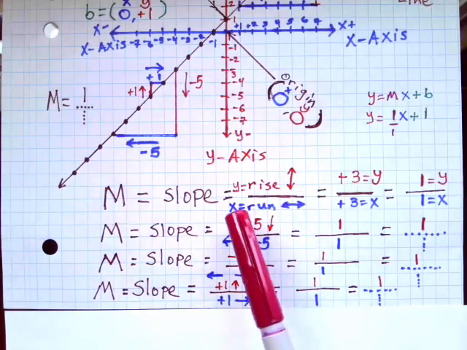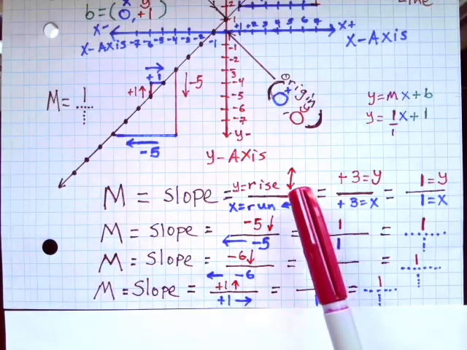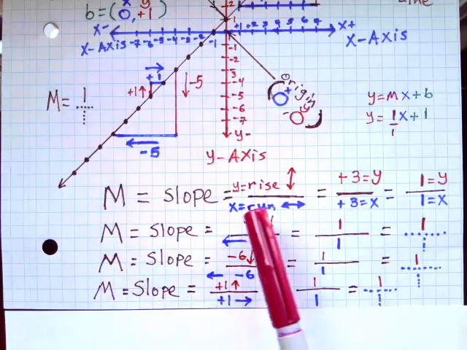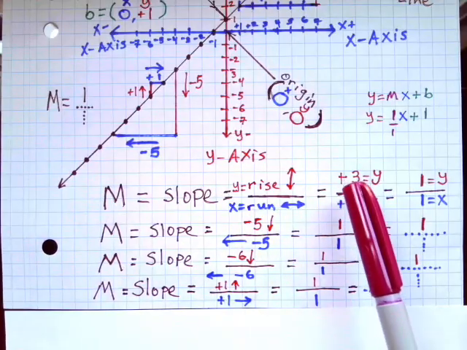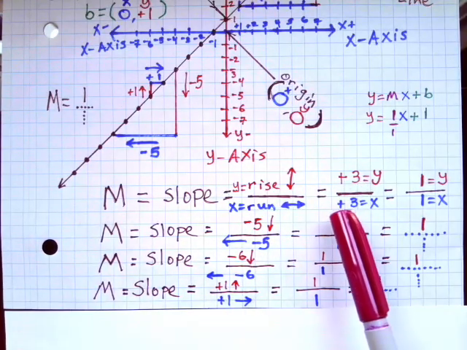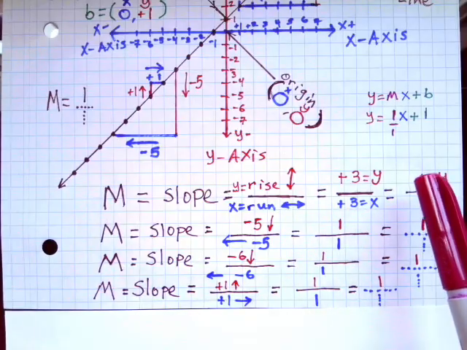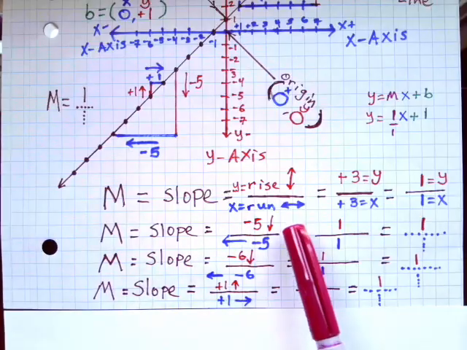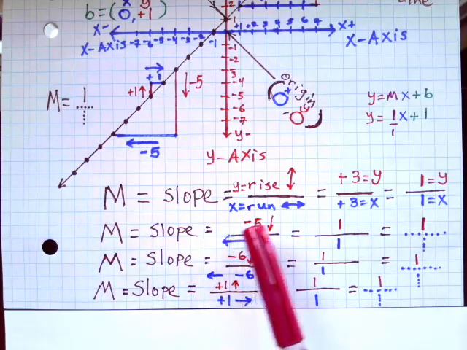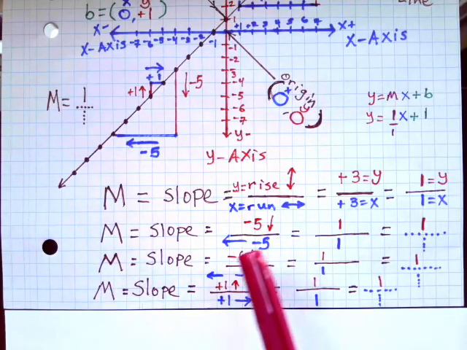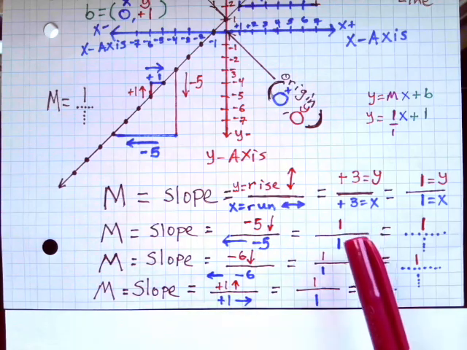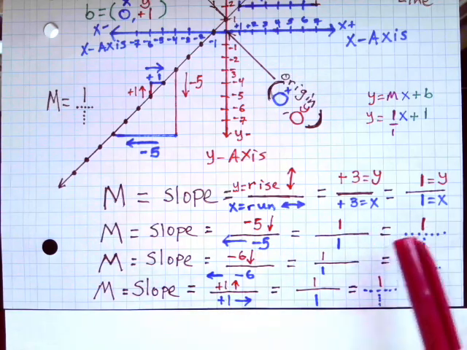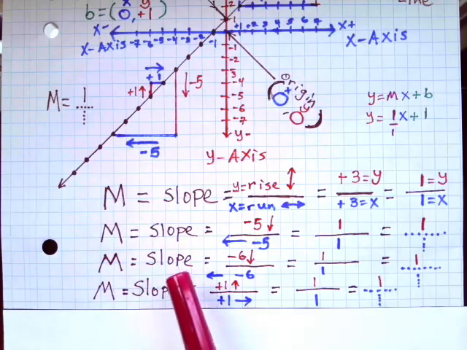It's always y over x, rise or fall over run, right or left. In this case, positive 3 for y, positive 3 for x is the 1 over 1 value. We went down 5, we went down negative 5, we went over negative 5. Negative and negative is a positive 1 over 1, or just 1 with that invisible 1.